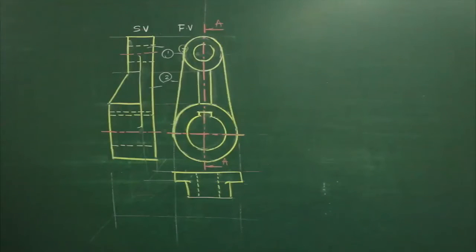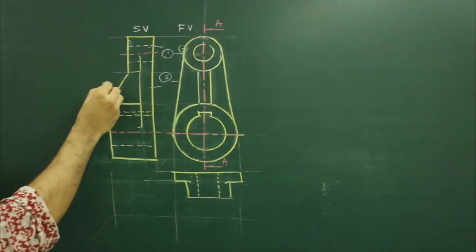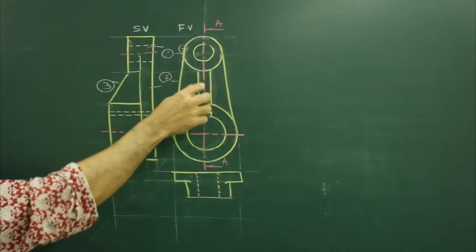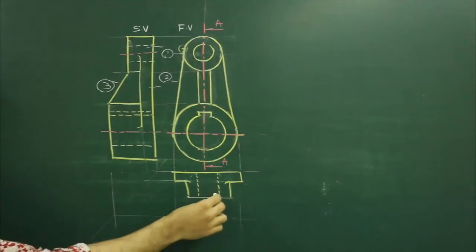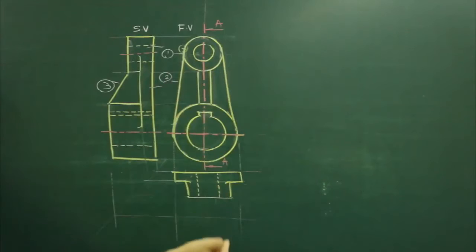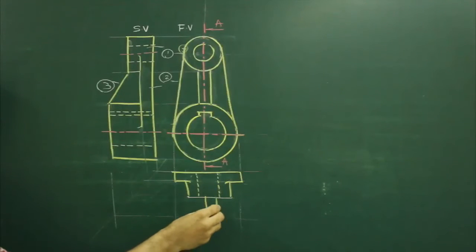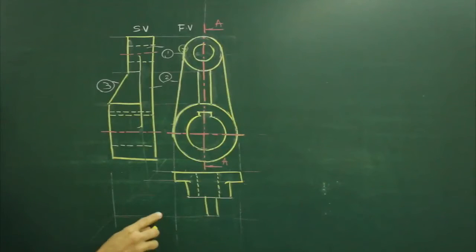Now after this, we will see the third part, that is this slope. See this rectangle. So when you project from here and you project from here, you get this part. Right?